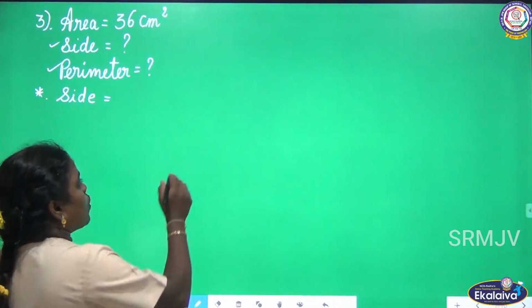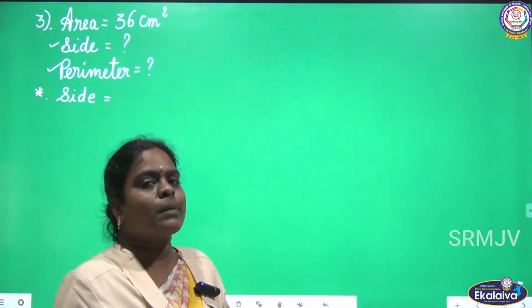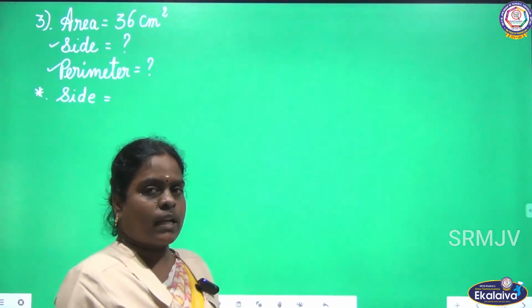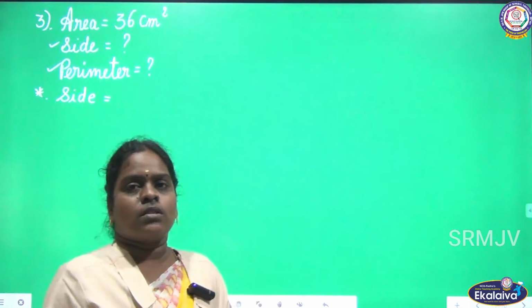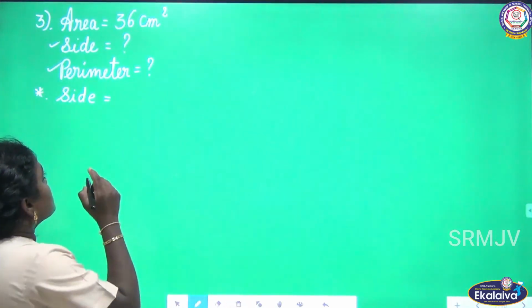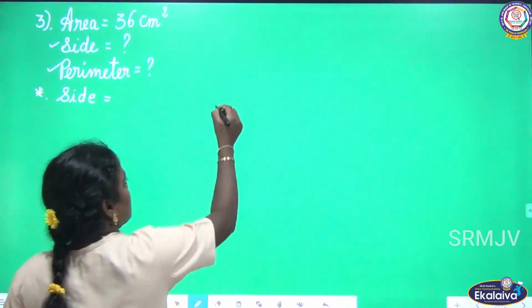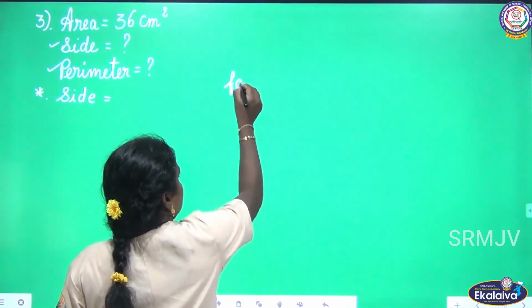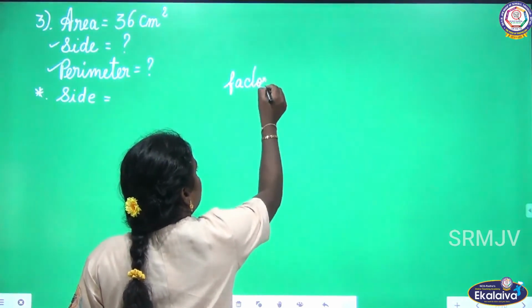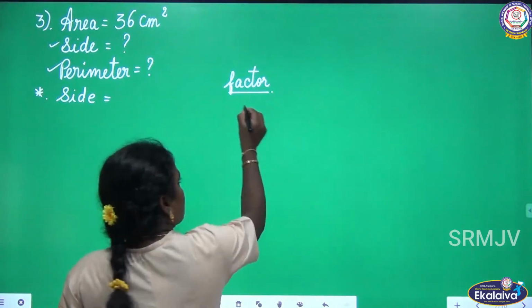Actually, we want to find out the side using square root method, but in this grade we are going to use the factorization method. First, we will find out the factors of 36.